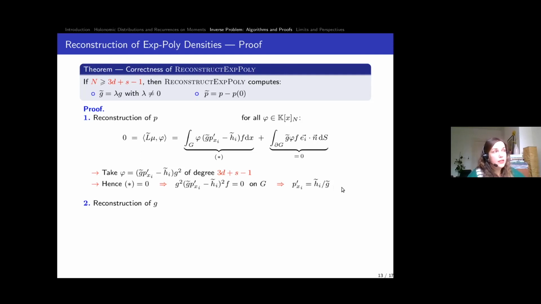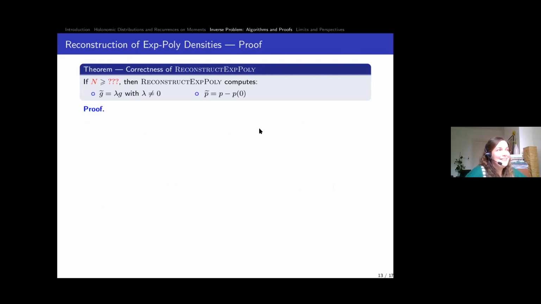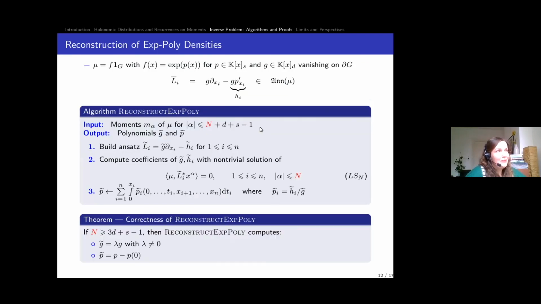Otherwise, if you don't suppose that your density has a certain form or your polynomial is of a certain degree, you can do something, but there will be no exactness, no proof that what you reconstruct is what you were searching for. So that's the input. The relation between moments actually is hidden exactly here, because when you put this ansatz, this automatically gives you the relation between moments.